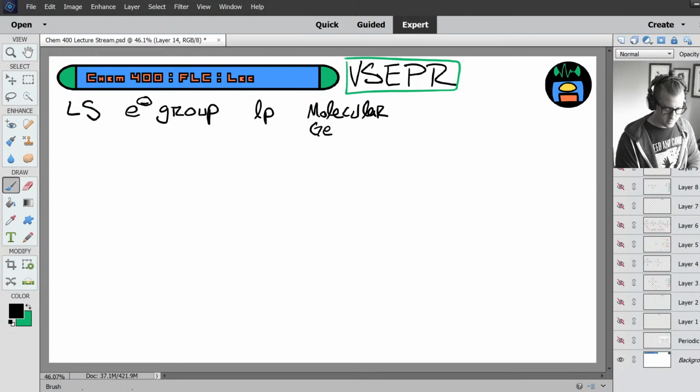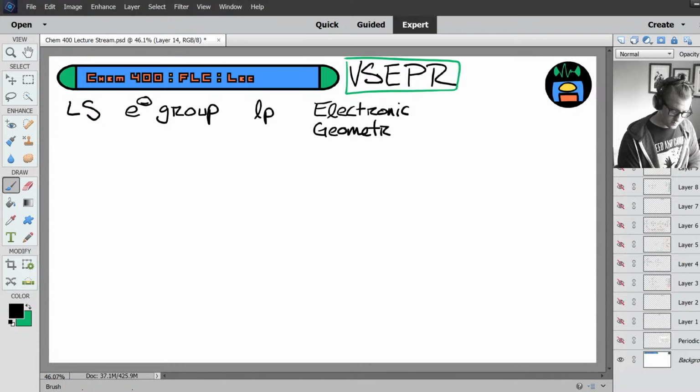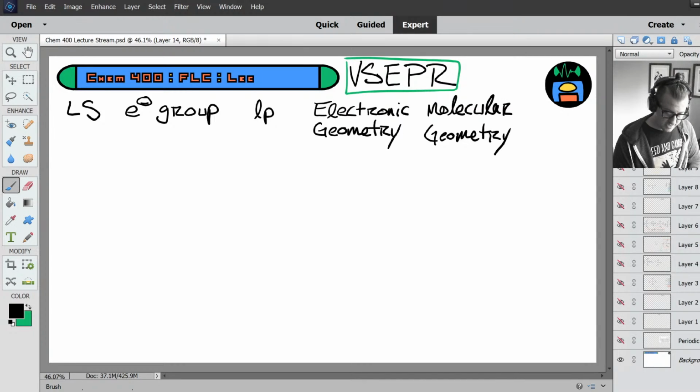Actually, before we get to molecular geometry, we're going to have something called the electronic geometry, followed by the molecular geometry. And then finally, we're going to have the three-dimensional representation plus the bond angle.